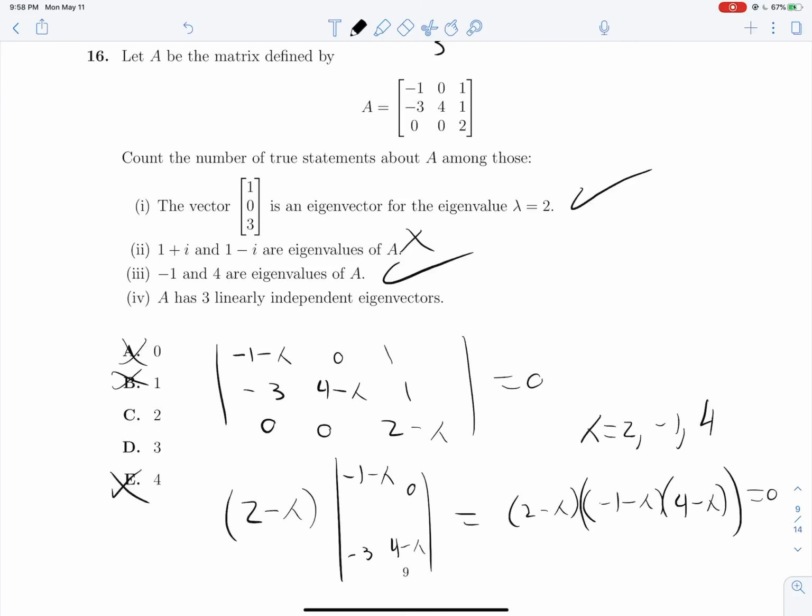Wait, you guys don't even do diagonalization, I think. Sorry to confuse you if that was confusing. But all of our eigenvectors will be linearly independent because they come from different eigenvalues. So we have 3 correct statements here, and 16 is D.